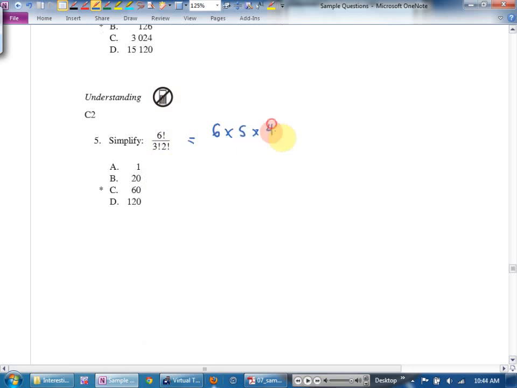I think that's the factorial notation. Can I cancel? Well, this is factored. That's the definition of factorial. So, gone, gone, gone, gone. Right? It's 3 times 5 times 4. 60.